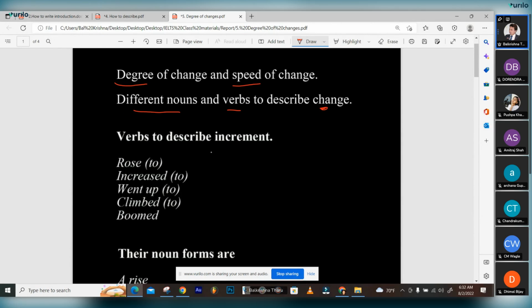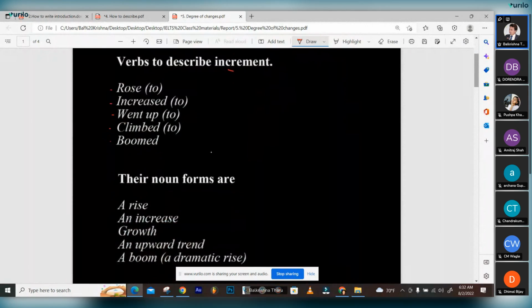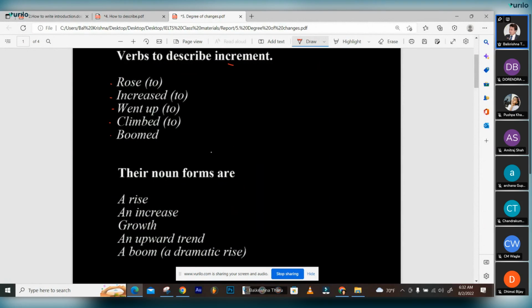Verbs to describe increment: rose to, increased to, went up to, climbed to, boomed.